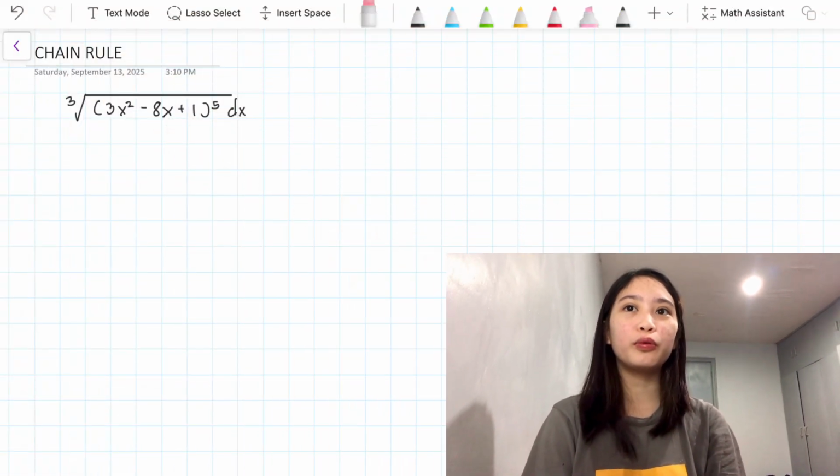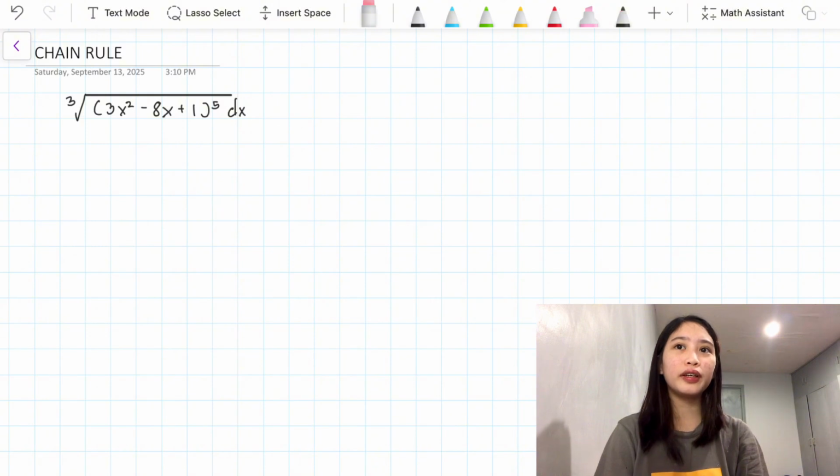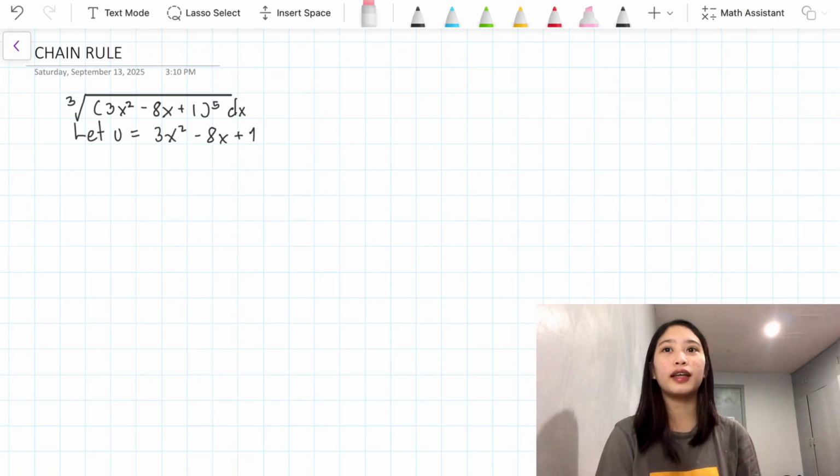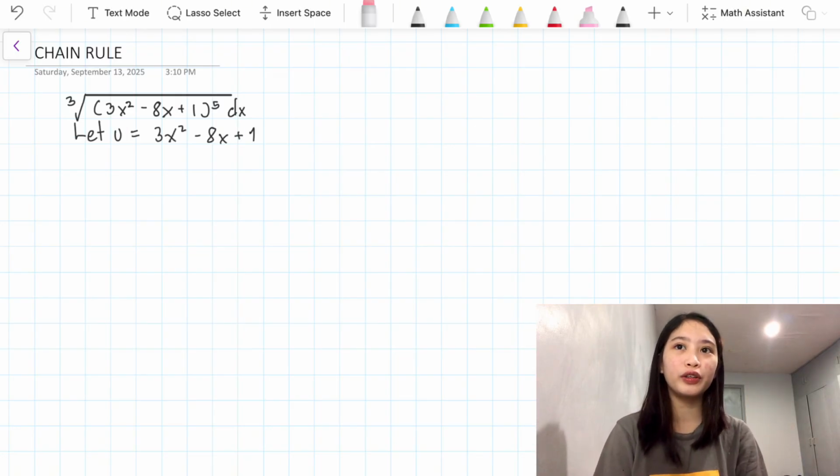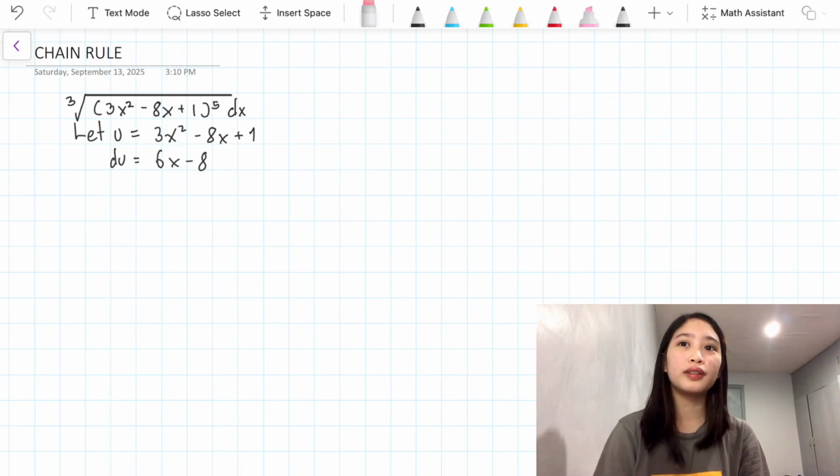Our second example is the cube root of the quantity 3x squared minus 8x plus 1 raised to 5 dx. The first step again is to identify our u, which is 3x squared minus 8x plus 1. Second is the derivative of our u, which is 6x minus 8.